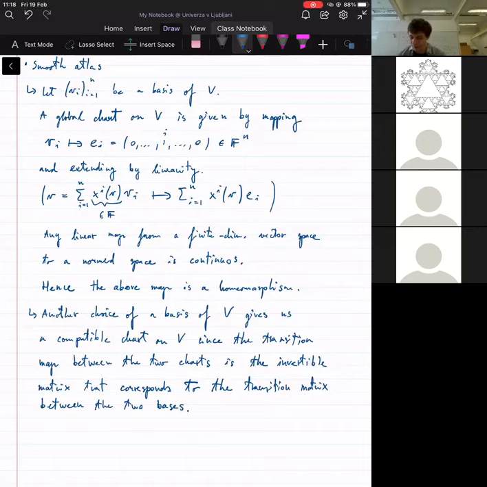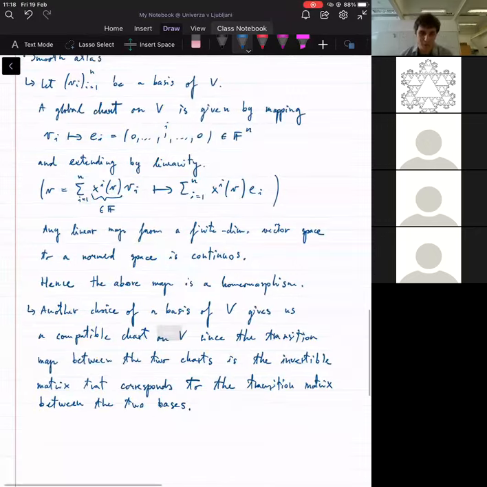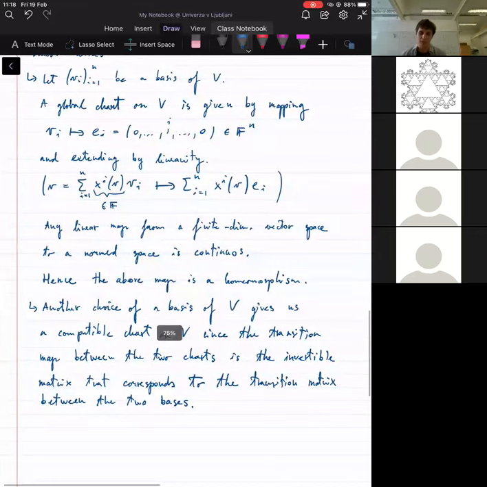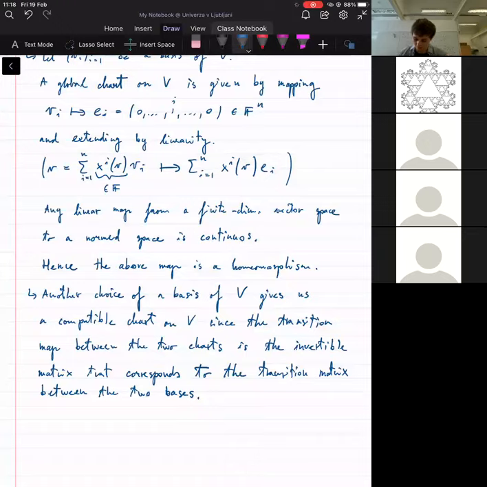You may write more stuff down if you really want to. I'm not going to. So this is hence a diffeomorphism, right? Okay, that was the first example.